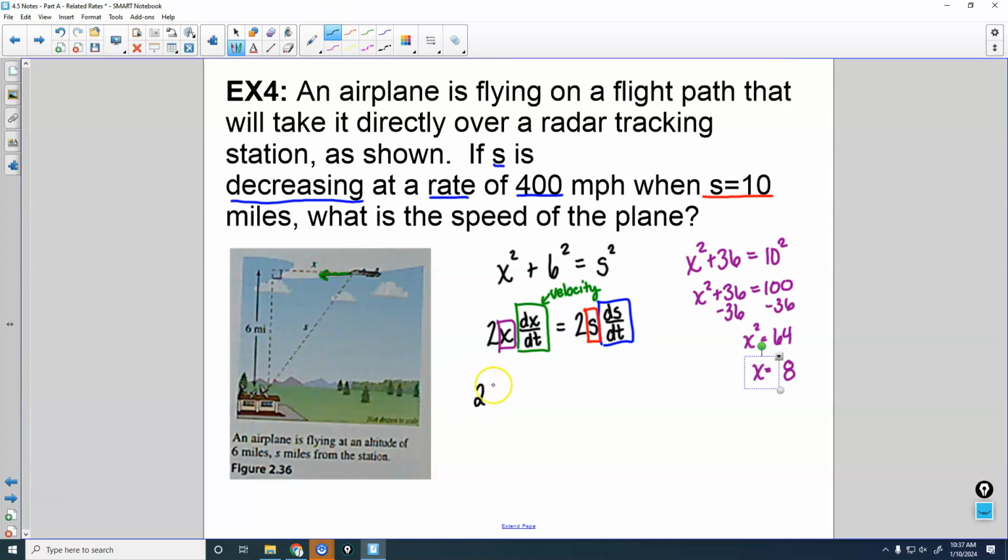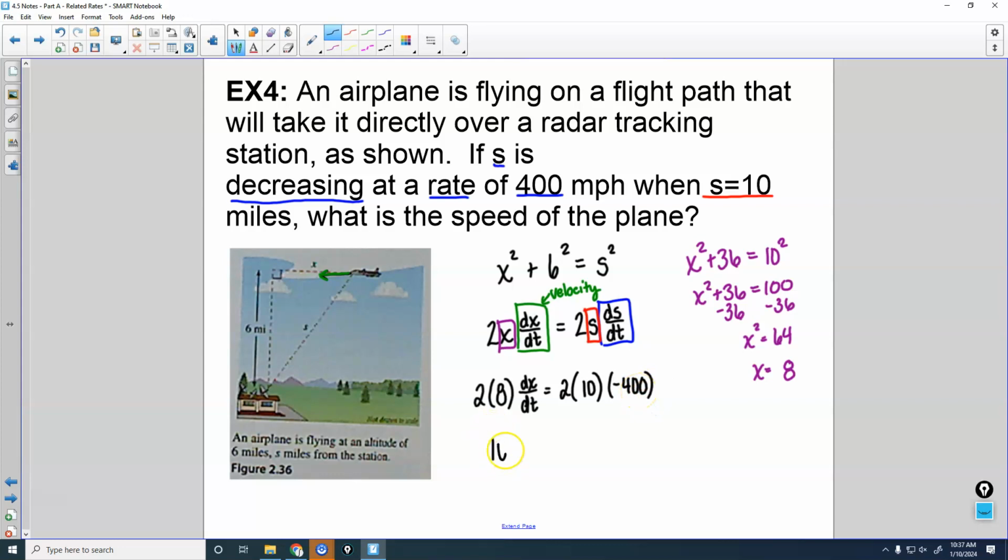So we've got 2 times 8 times, we don't know dx/dt. That's what we want to find. Equals 2 times negative 400 times ds/dt, which is, oh wait, I put that in the wrong spot, didn't I? The s is 10, and the ds/dt is negative 400.